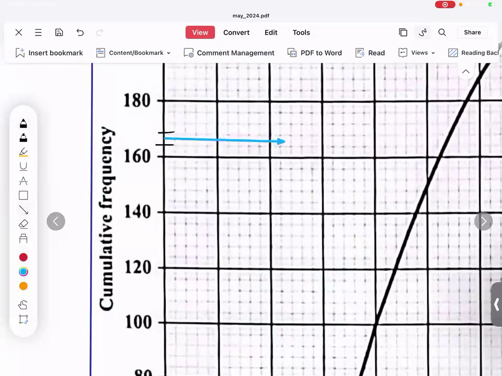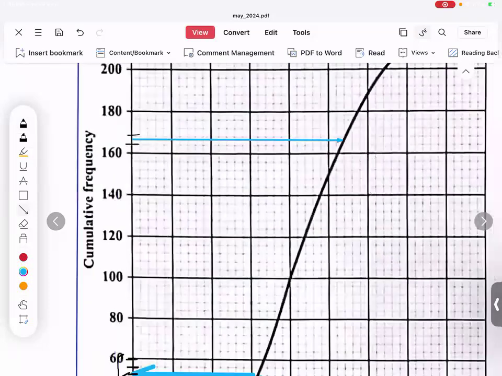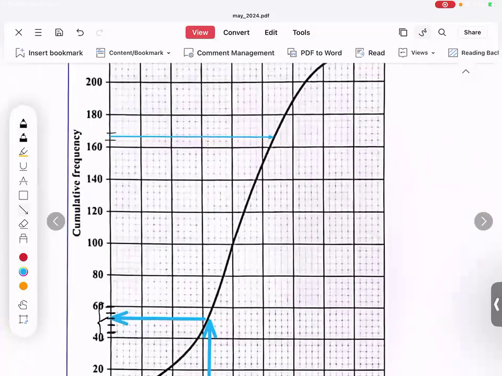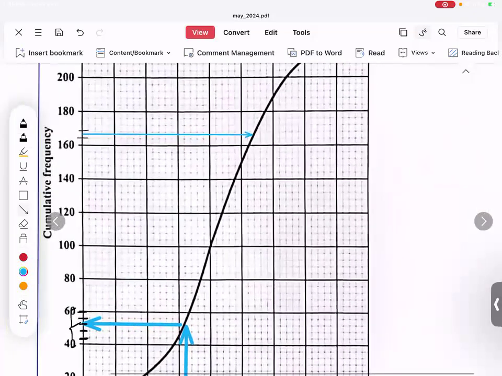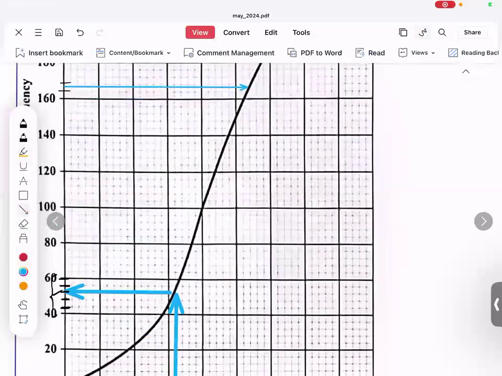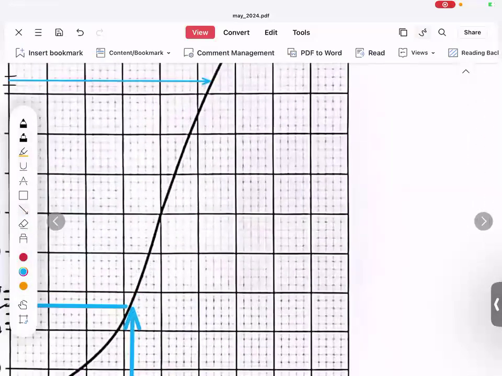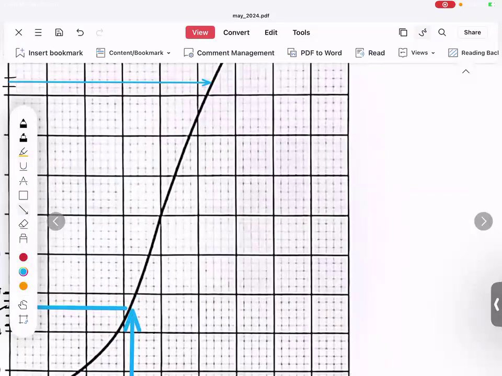So right there. Everybody good? Yes, sir. So that's 165. And then basically what you're going to do is run it down now and see which number you get, right where you touch the curve. We are saying about right there. But I'm not sure how that looks.